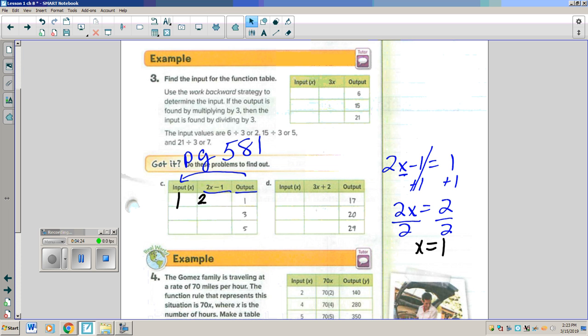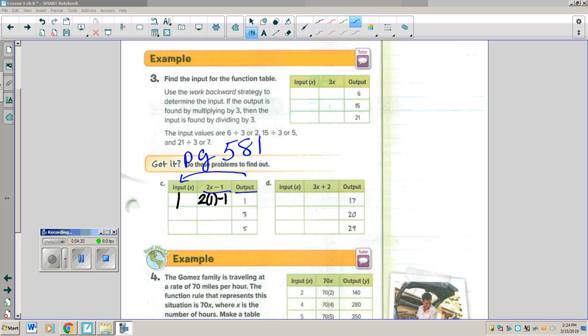Check it. 2 times 1 minus 1 equals 1. Again, 2x minus 1. This time it equals 3. Solve for x. Starting with the constant, I'm going to add 1 to both sides.